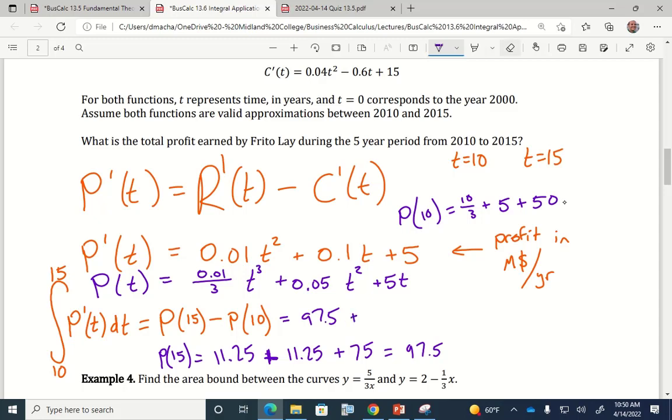Oh, minus 58 and a third. So 97.5 minus 58.5 is going to be 39.2. Is that right? Or is that wrong? Could be wrong.